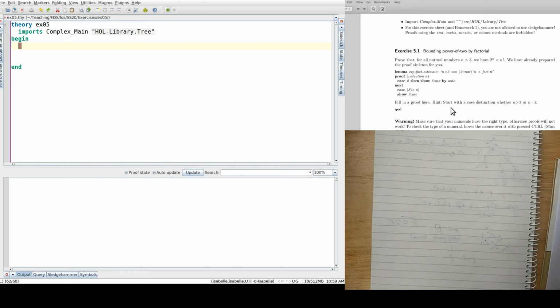But I would like to show you first induction on paper, and then how we do it in Isabelle. I just want to make sure that all of you understand the meaning of induction and the correspondence between the induction in Isabelle and pen and paper induction.